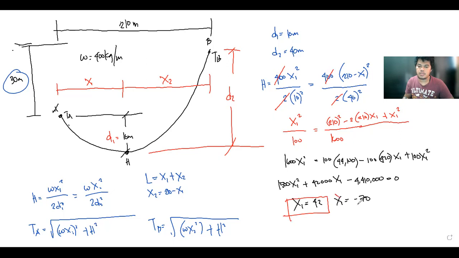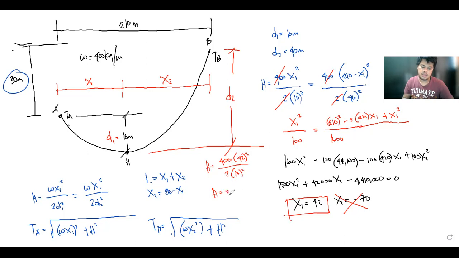Meaning to say, we cannot make use of negative distance. If we have x1, then you can already calculate the value of H. So H is 400 multiplied by 42 square divided by 2 times 10 square, which is 400 times 42 divided by 200.